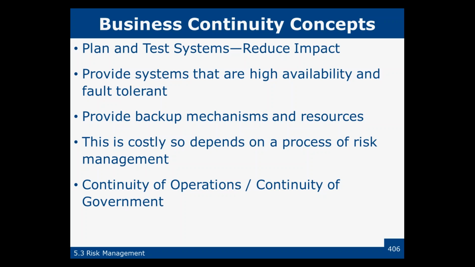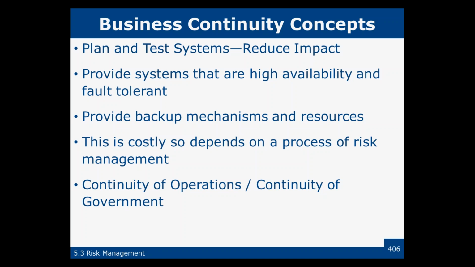Provide systems that are high availability and fault tolerant. We always want those. Backup mechanisms and resources, and we've talked about a lot of these things already. Planning and testing the system, high availability, fault tolerant systems, backup systems, depending on how you do it, doing all of it can be costly.